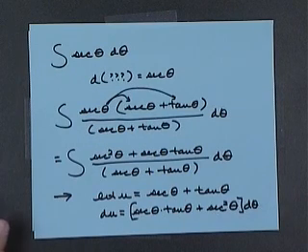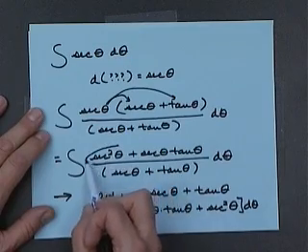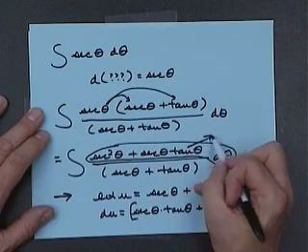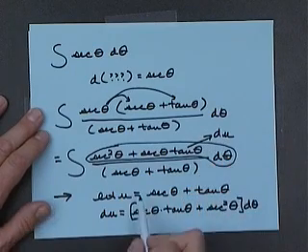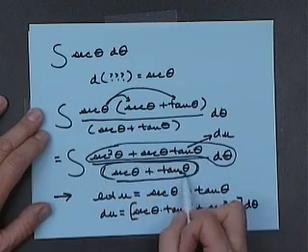So where are we headed with this? I think it's going to work. We're headed toward the integration being a natural log, because the numerator is du and the denominator is u.